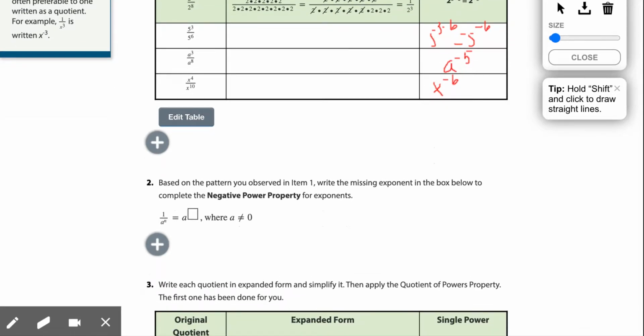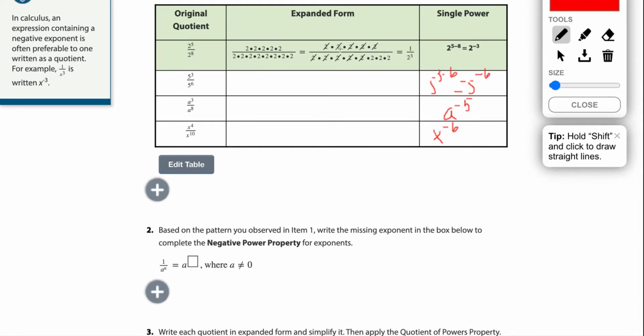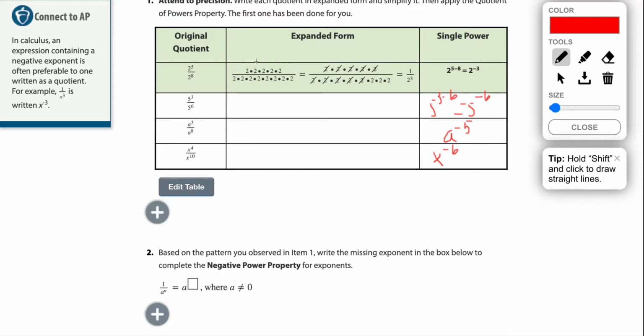Well, what that means, and you can see it up here, is that negative exponents are, how do I say this? Are they reciprocal? Okay, if you take the reciprocal of a negative exponent, that's where it's the positive one. So when we did this first one, we had 5 2's divided by 8 2's. We canceled everything out. We were left with 3 2's just on the denominator. So we said 1 over 2 to the 3rd.